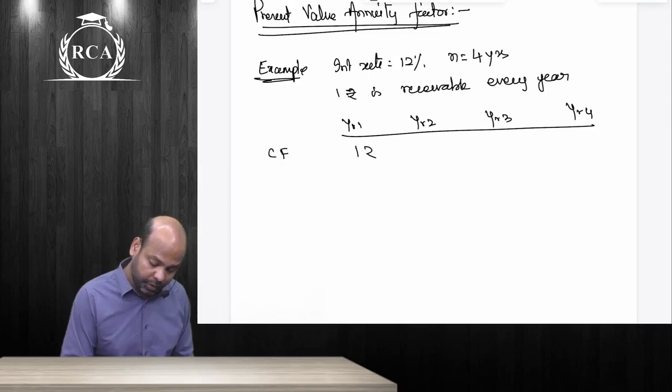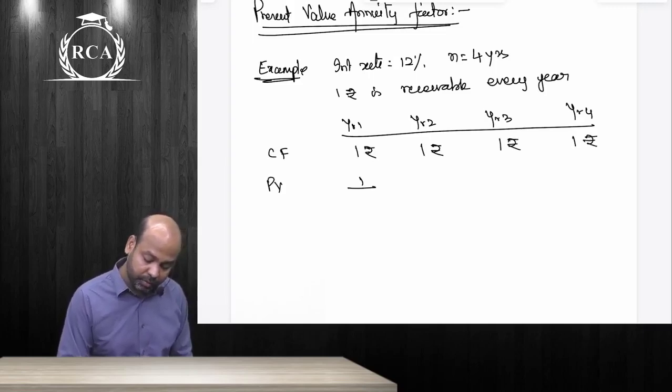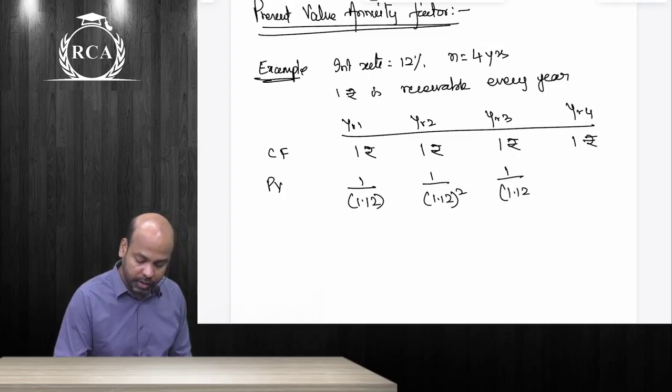Your cash flow is 1 rupee. You're going to receive only 1 rupee every year. The present value of the first 1 rupee will be 1 divided by 1.12. The second 1 rupee will be 1 divided by 1.12 whole square, and so on up to whole power 4.